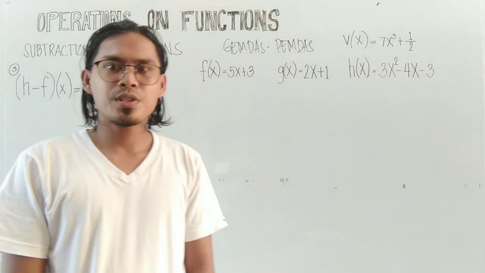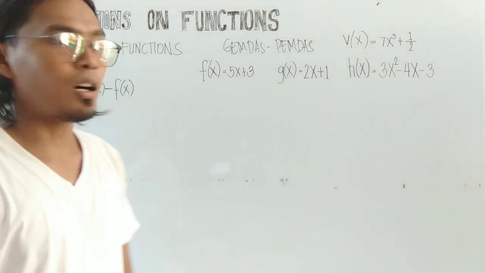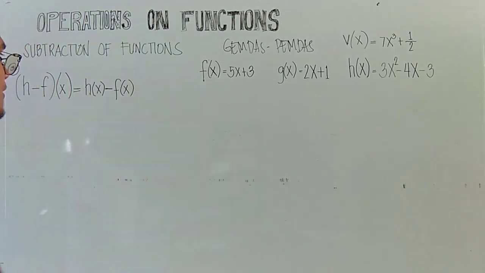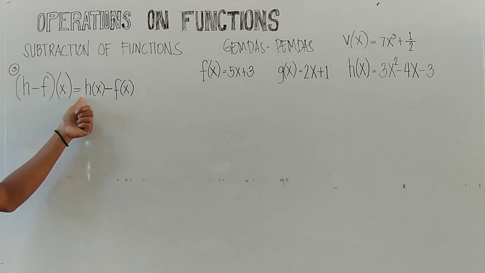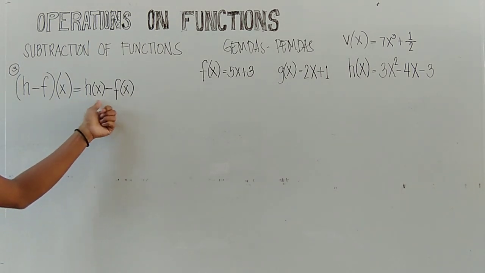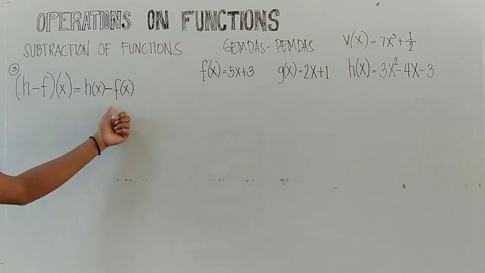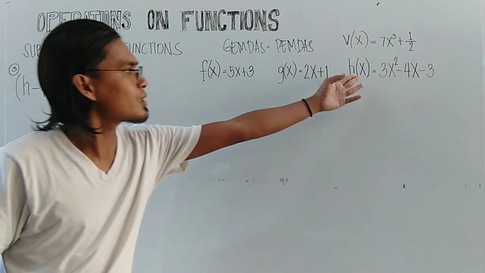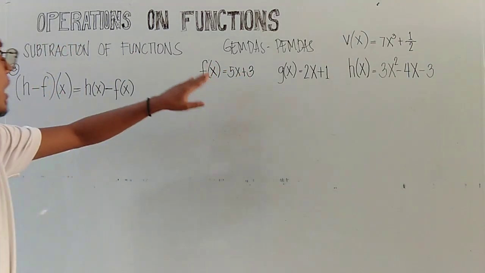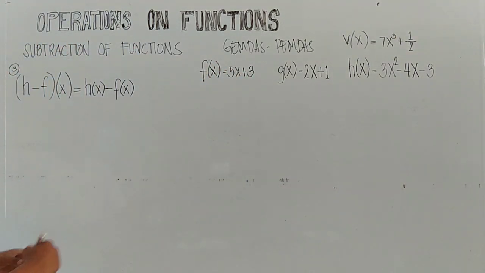Okay, so now let us proceed on our third example of subtraction of functions. We have on the board h minus f of x equals to h of x, of course, minus f of x. So, given our h of x na function, kag f of x na function, our first step again will be to substitute.